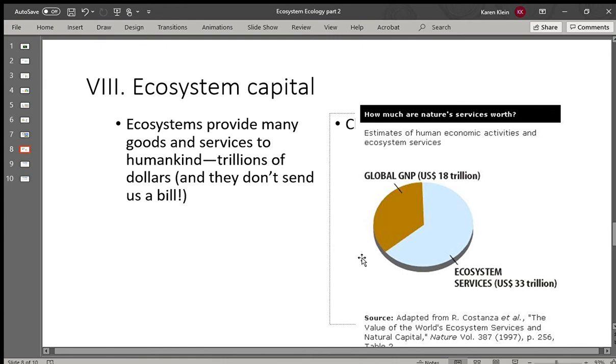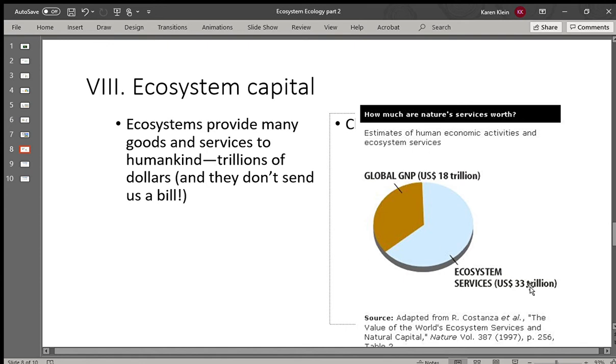Trillions of dollars, I've heard anywhere from 30 trillion to 60 trillion dollars of goods and services every single year, without, as you see there, without sending humans a bill. So it is up to us to keep our ecosystems healthy in order to allow us to continue existing here.